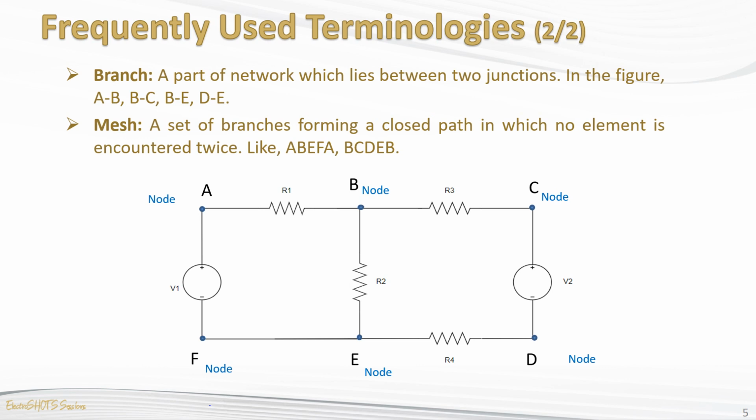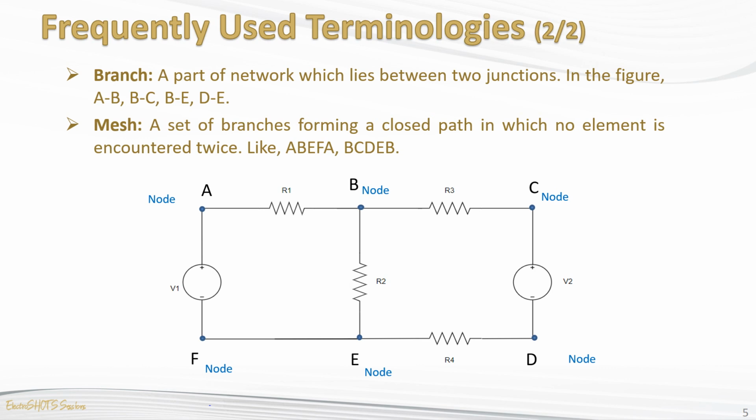Now what is a branch? That part of the network which lies between two junction points. For example, in this case A-B, B-C, B-E, which contains some element. It may be a resistor, or a combination of resistor and inductor, or resistor, inductor, capacitor, and will be known as a branch.